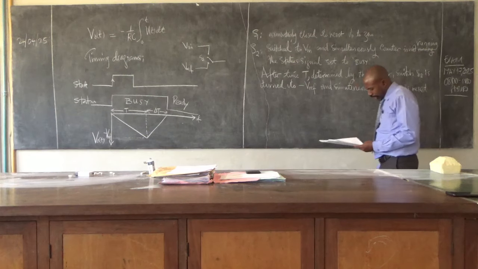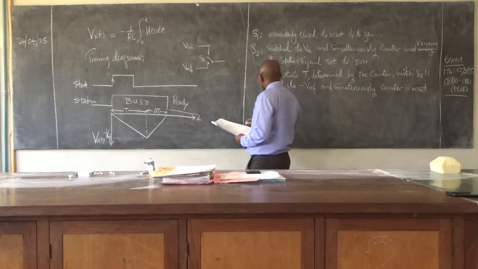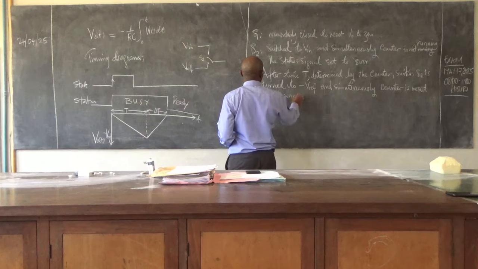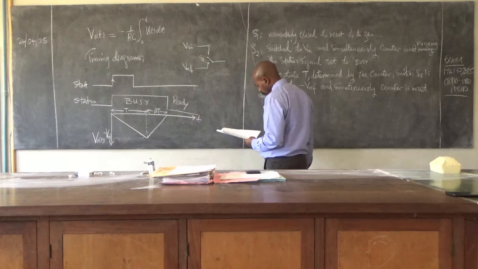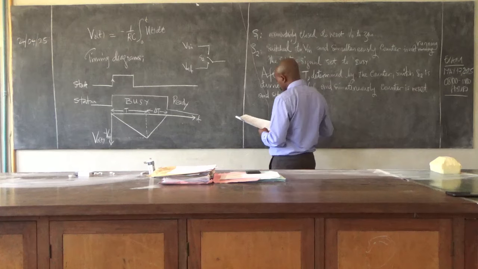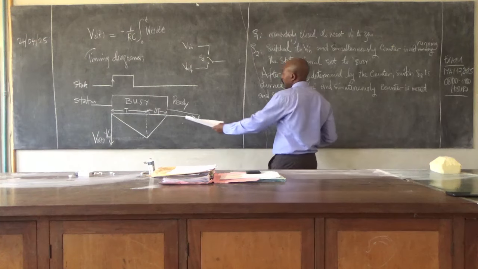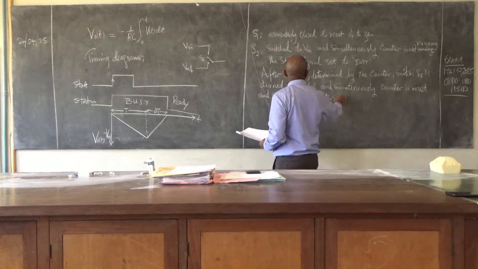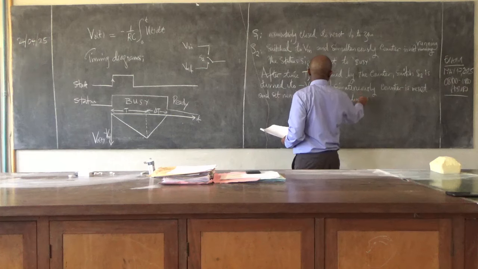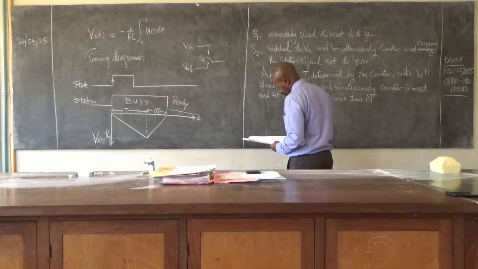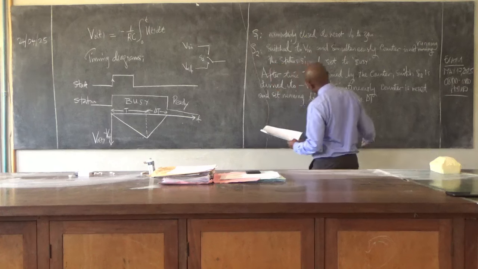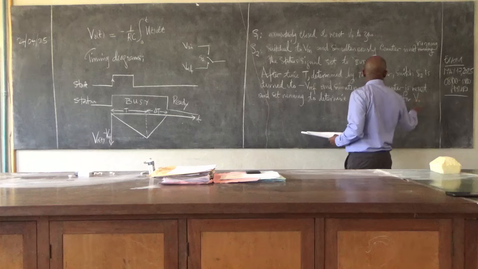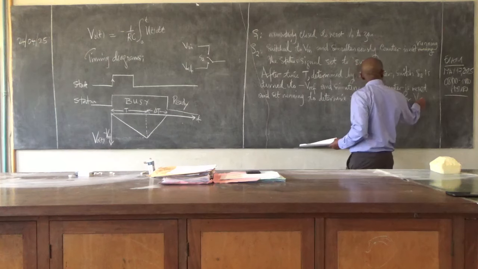Simultaneously the counter is reset and then set running to determine this time here, this delta t, the time taken for V naught to become 0.